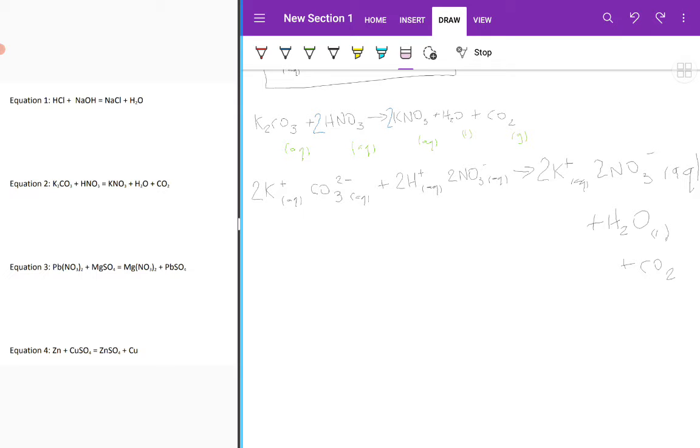Now, this is our total ionic equation, so now we need to start looking for our spectators.